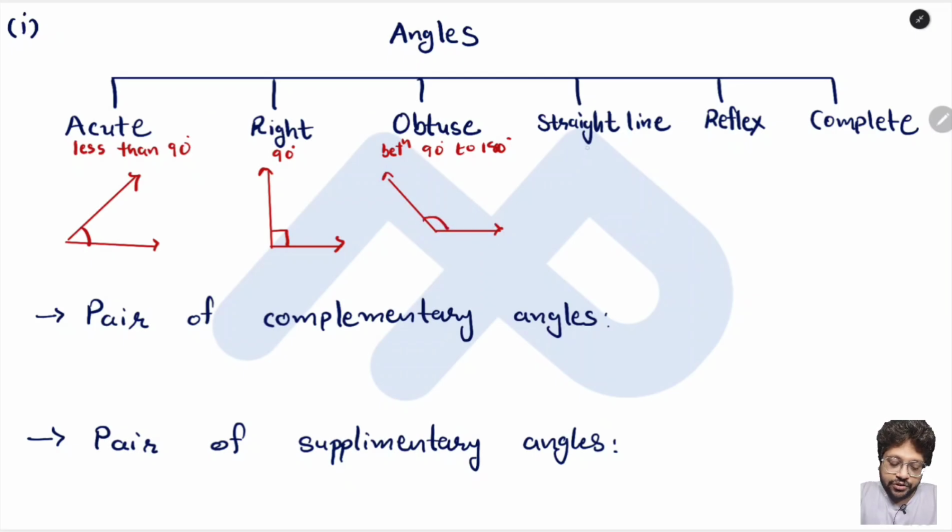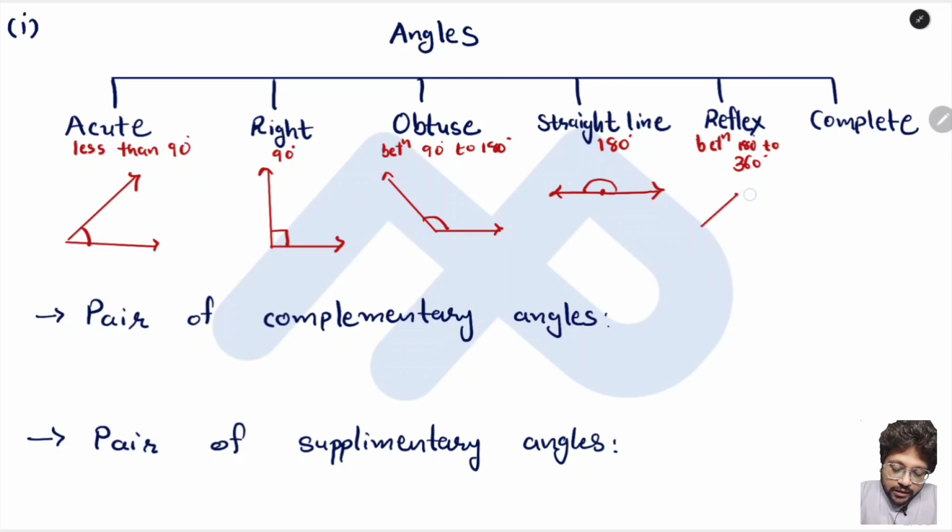Then comes the straight line. Straight line is exactly 180 degrees. So it looks like this. It's a straight line and this angle is 180 degrees. Then comes the reflex angle, which is between 180 to 270. Sorry, between 180 to 360.